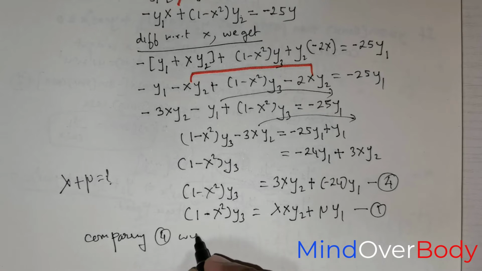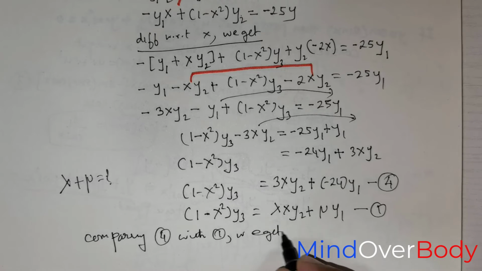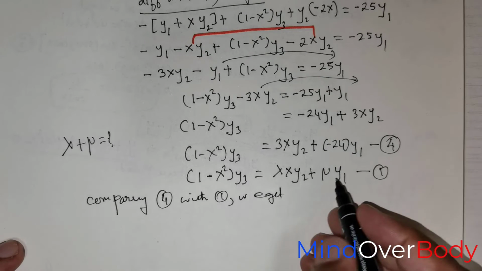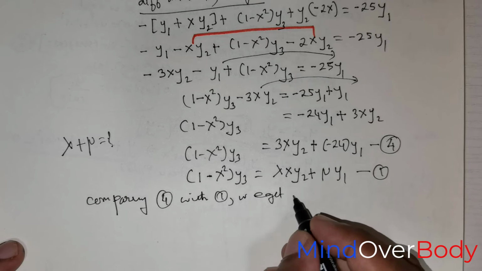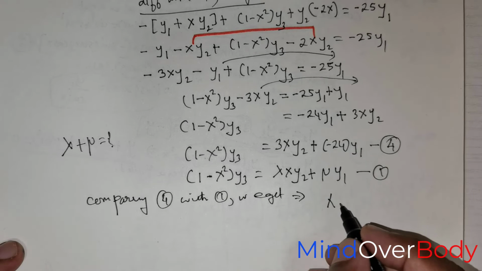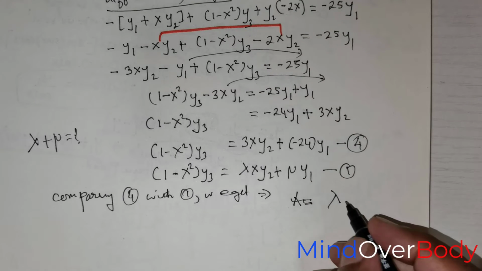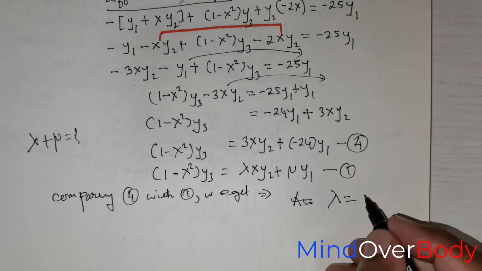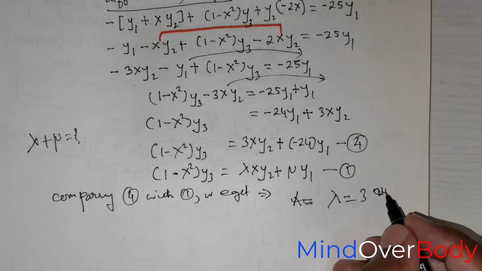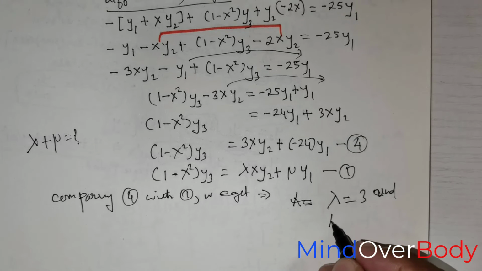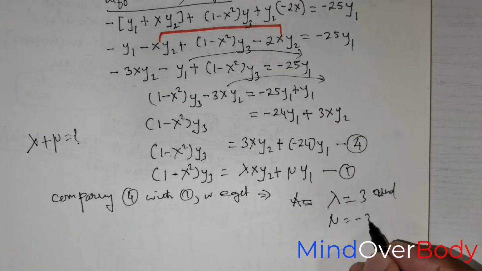4 with 1, so what do we get when you compare 4 with 1? Clearly this would mean that lambda is equal to 3 and mu is equal to negative 24.